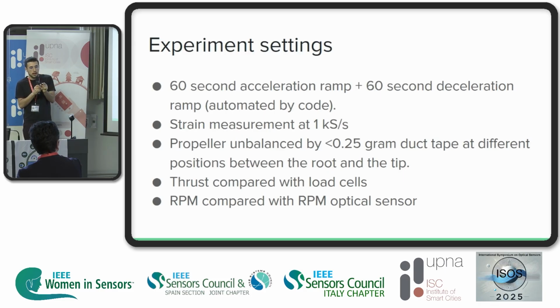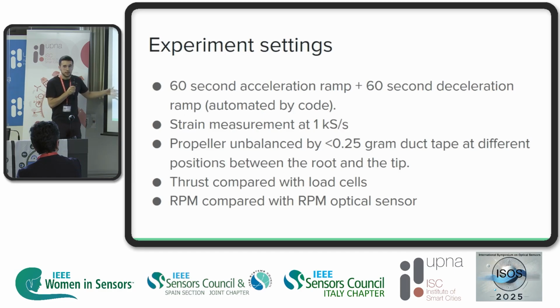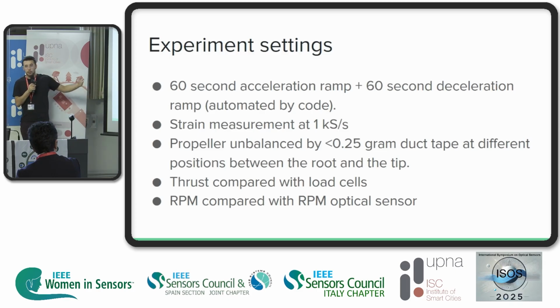And then, on the following tests, we kept moving the duct tape towards the tip of the propeller, so from the center of the rotation to the most outer part of the propeller. So we measured with the thrust stand sensors that it included, which were laboratory calibrated. And we performed a comparison with the FBG sensors.